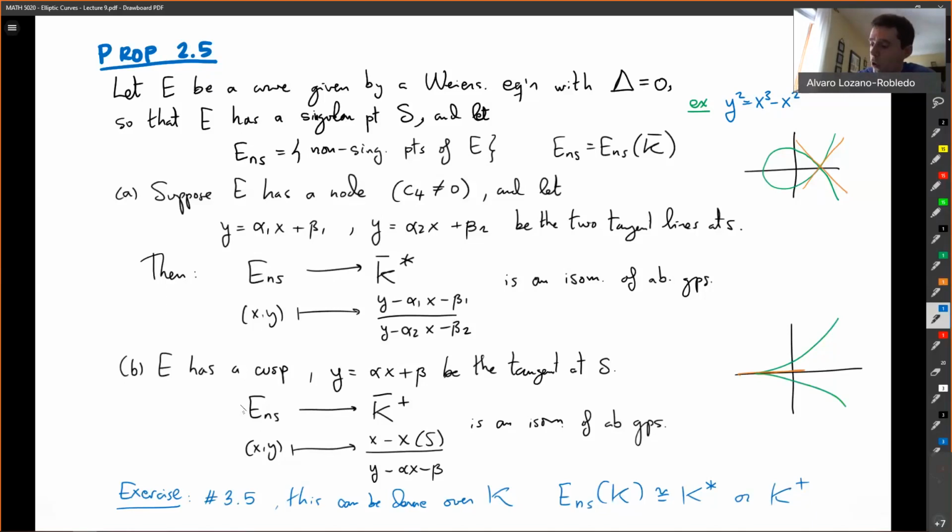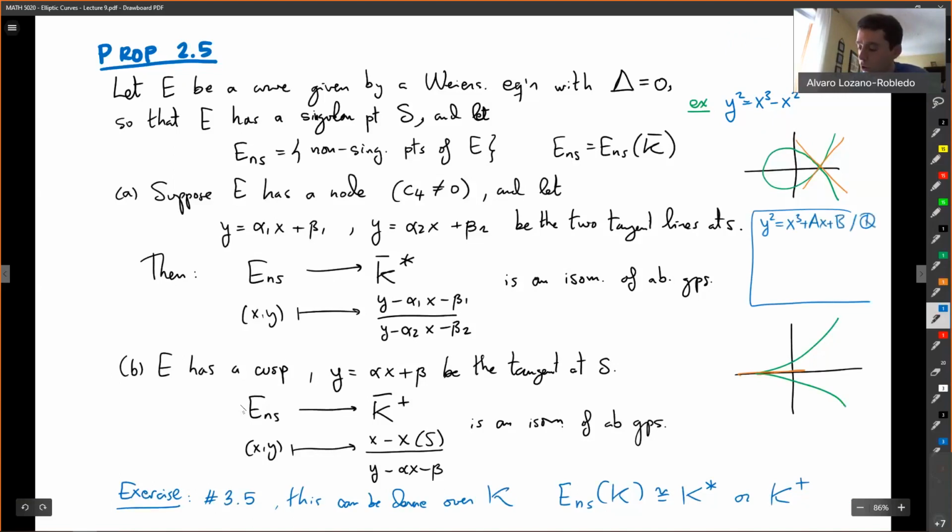We're going to go from elliptic curves, for example, defined over Q. We are going to have an elliptic curve.